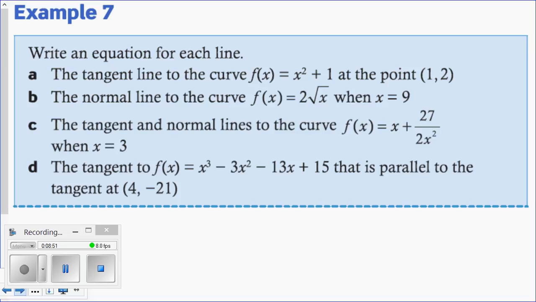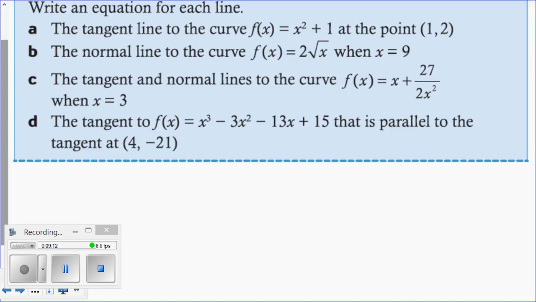Okay, so we're going to take these slowly. It says write an equation for each line. The tangent line to the curve, f of x equals x squared plus 1, at the point 1, 2. So here's what we do.